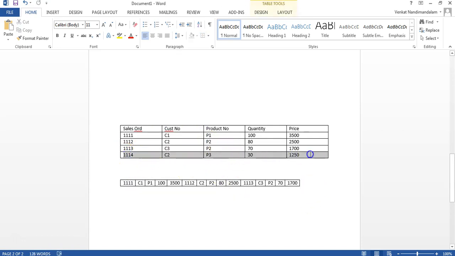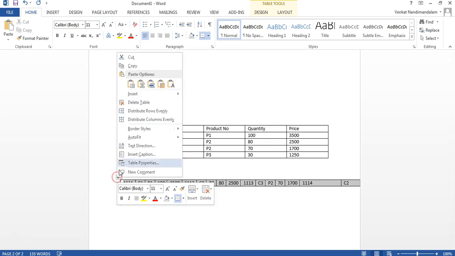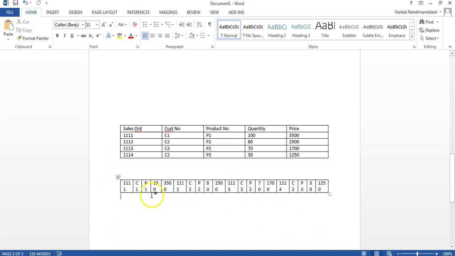Then the final row. So this is how it will be stored at the database level.